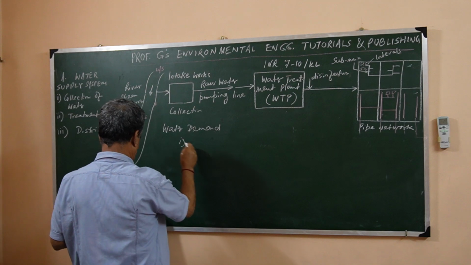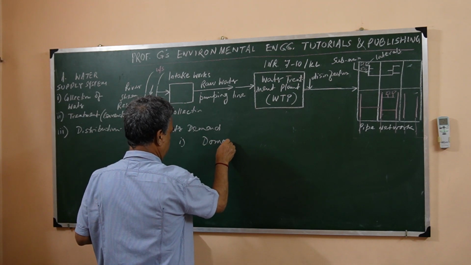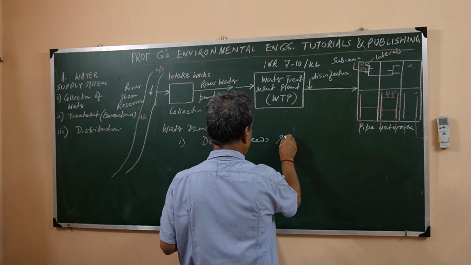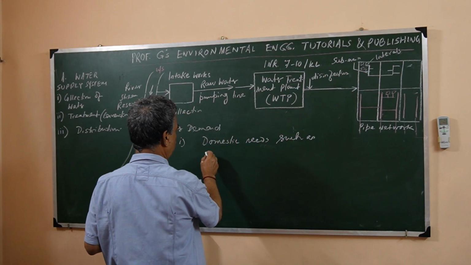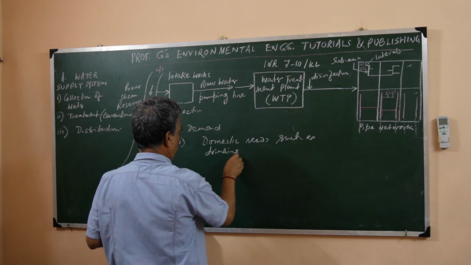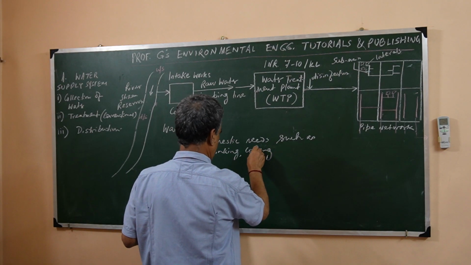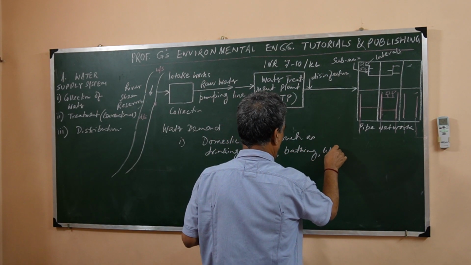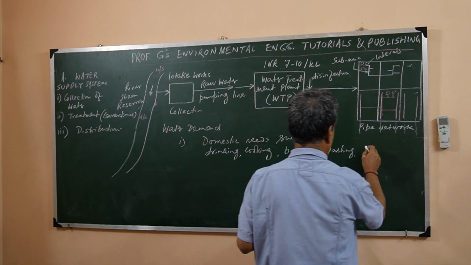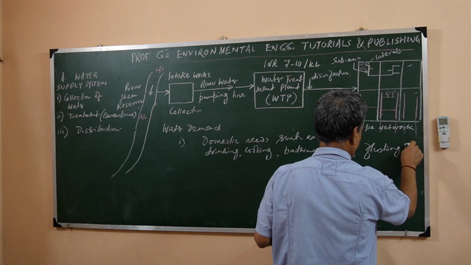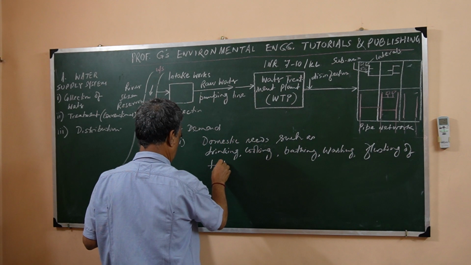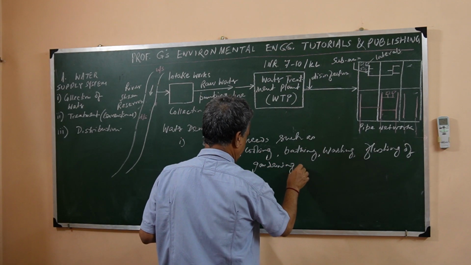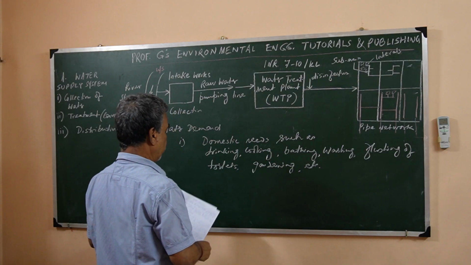So the first one is the domestic need, such as drinking, cooking, then bathing, washing, flushing of toilet, gardening, etc. Maybe some other needs also, domestic need.